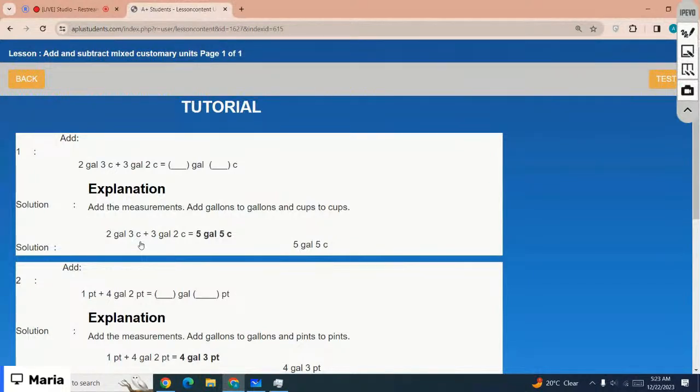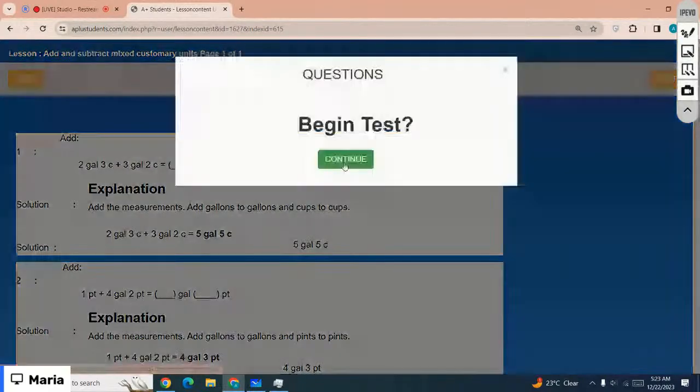So you always add gallons to gallons and cups to cups, right? So 2 gallons and 3 gallons make 5 gallons, and 3 cups and 2 cups make 5 cups, right? So when adding units, you always add the same units, right? Let's just start with the test question.